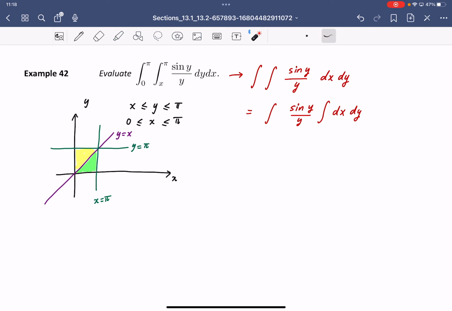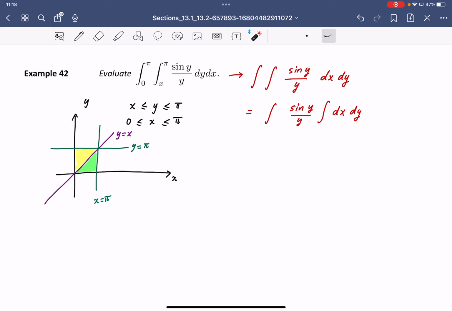If you want to know whether it is green or yellow, you have to take a look at the given question. The question does dy first, so they do the vertical cut, and then they start y from x to pi. So it should be the yellow one. Make sense? The green one is not correct. The correct one is the yellow one.